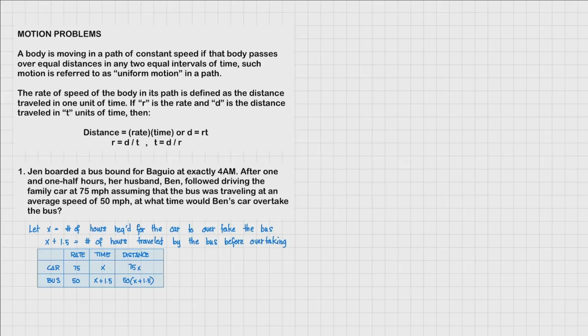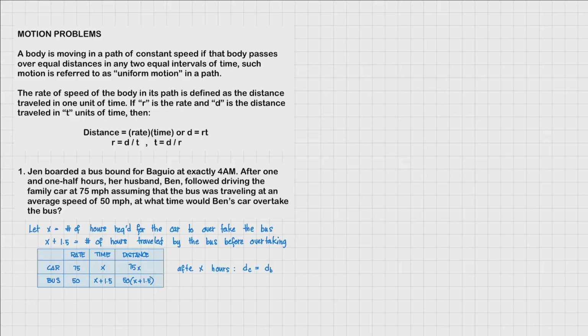Right, so solving for x. After x hours, let's write it down here, the distance of the car, let's denote that as dc, is equal to the distance traveled by the bus, right?